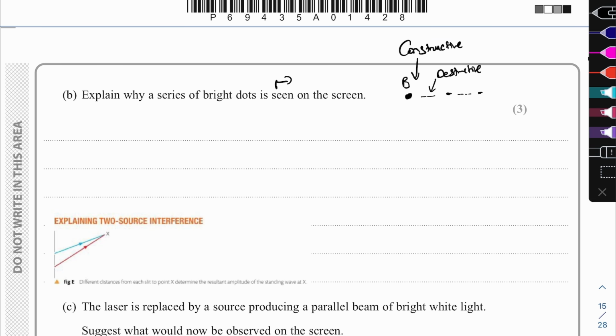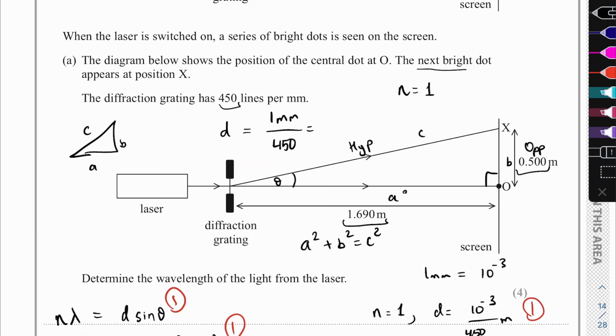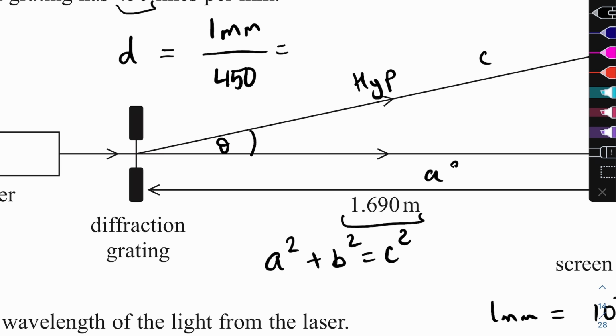So we have waves from different slits meeting at this point to give you constructive interference. Waves traveling from different slits. So for example, over here we have the diffraction grating.